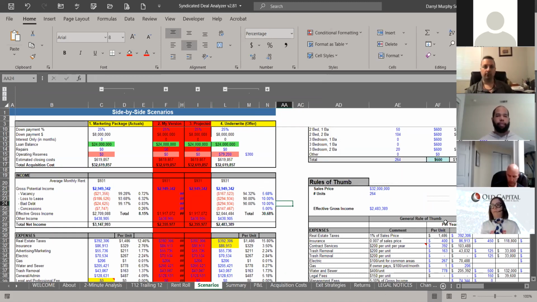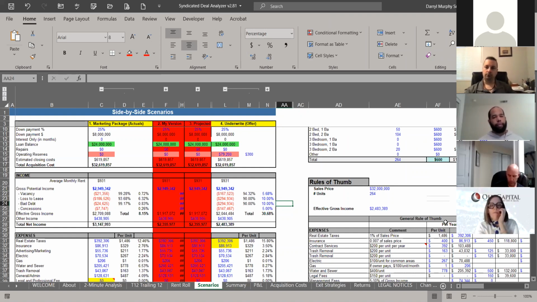If the market vacancy rate is, say, less than 5, then you will put in 5 or whatever the rent roll dictates, as long as it's greater than 5. Do not put in less than 5, no matter what. Okay. 5 is the minimum.